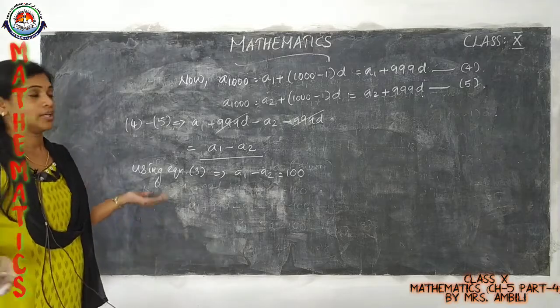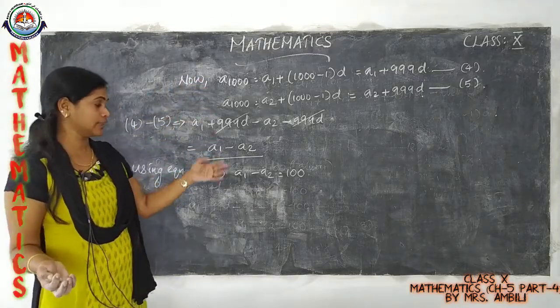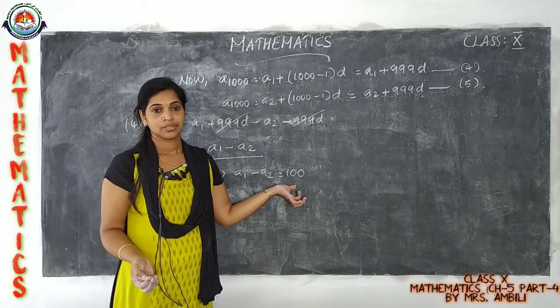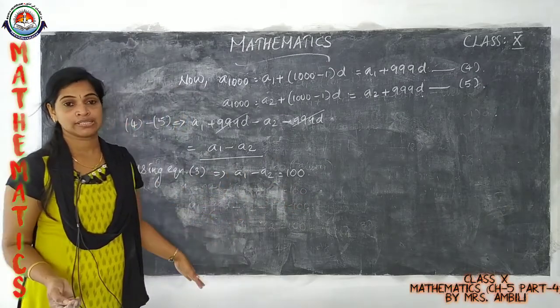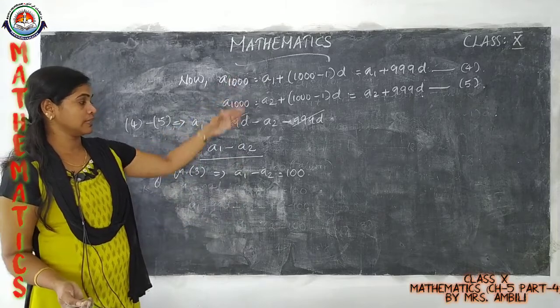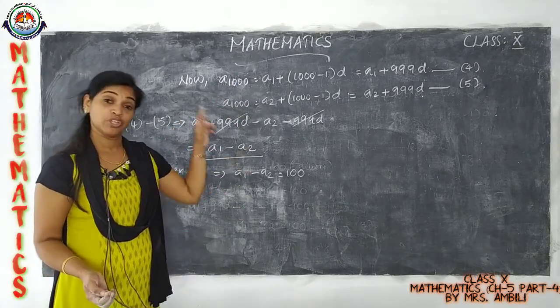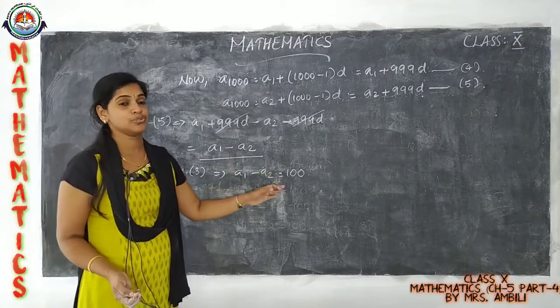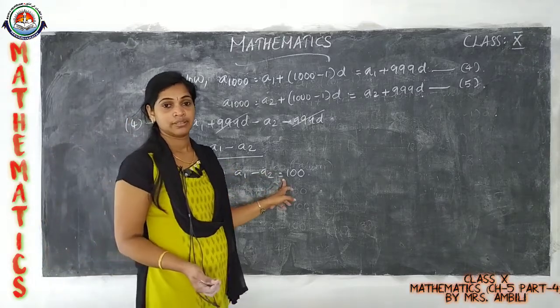Now what we got? Difference between the 1000th term also 100. Clear? Because we already got A1 minus A2. Difference between their 1000th term we got A1 minus A2. We know that A1 minus A2 equal to 100. Clear?